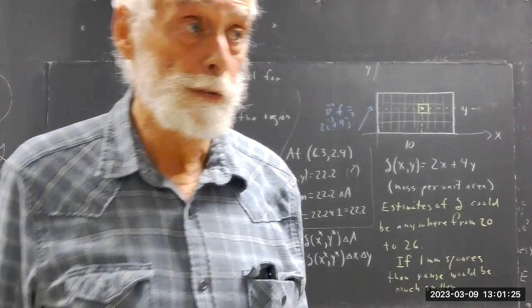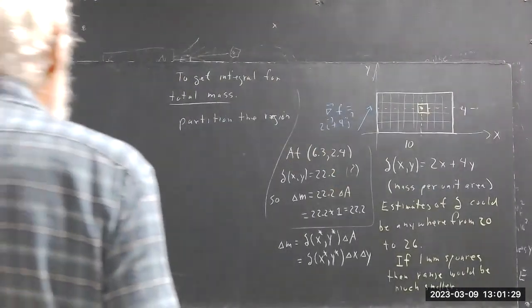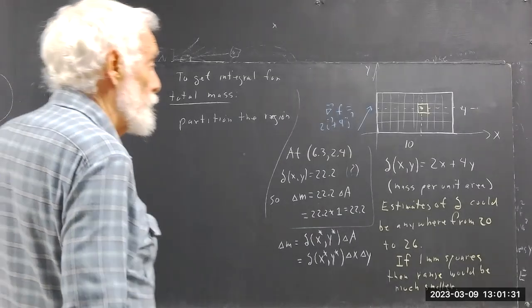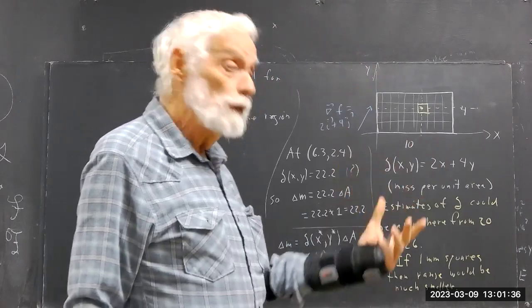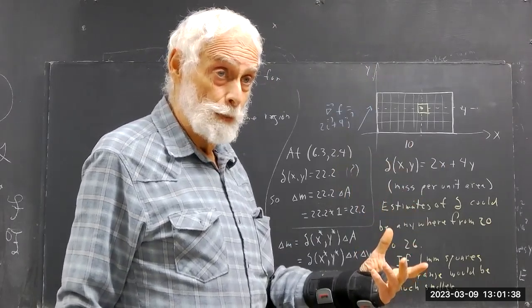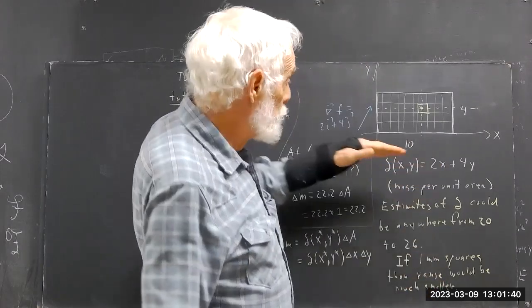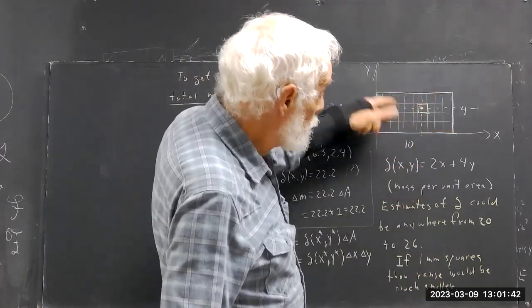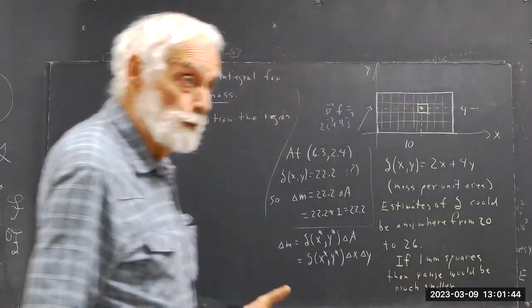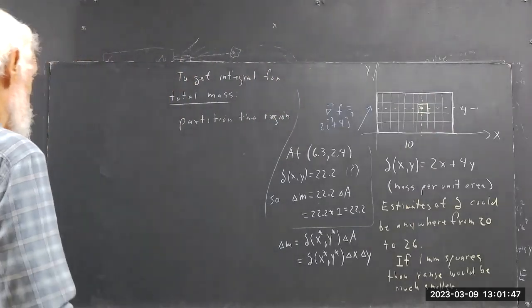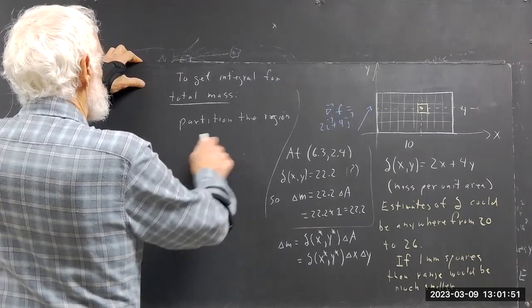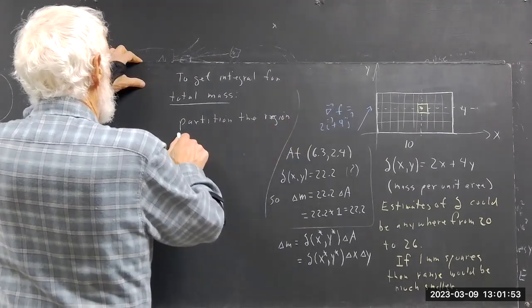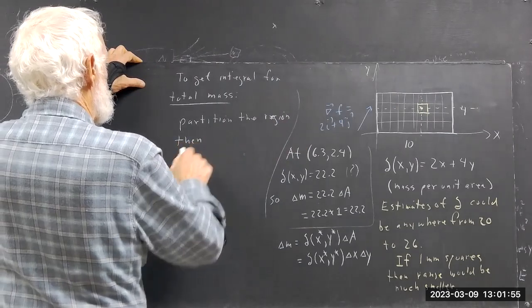We partition the region. How do we partition this region? By partitioning x and then partitioning y. It's not the only way we can partition the region. We can use polar coordinates and partition theta and partition r. And we're going to do that. So we partition the region.